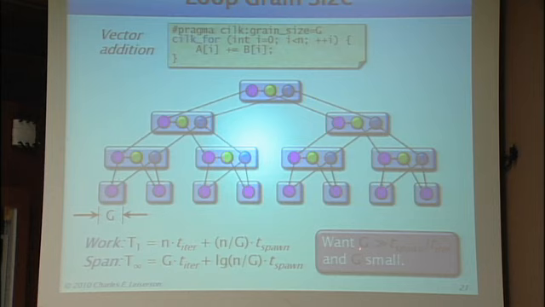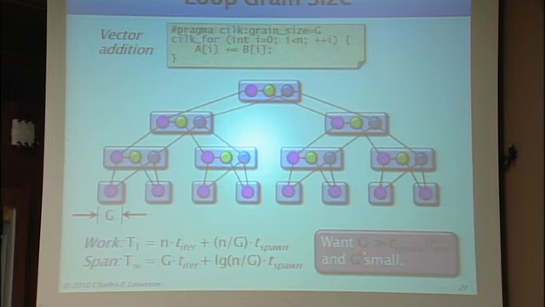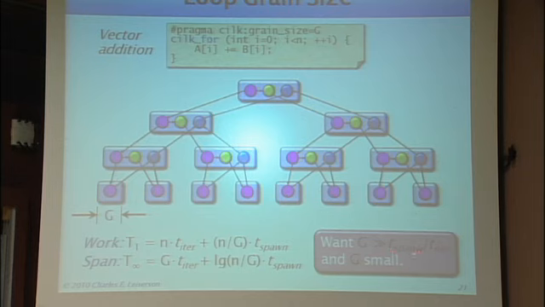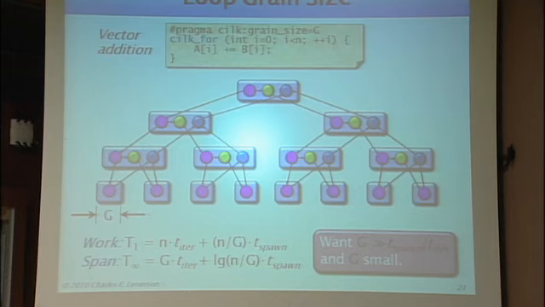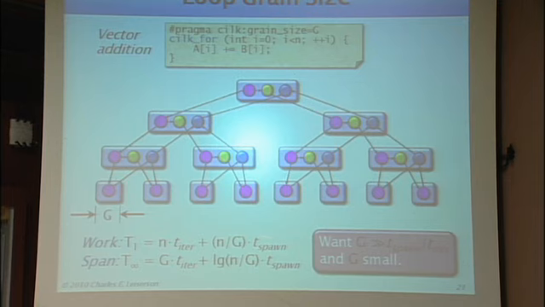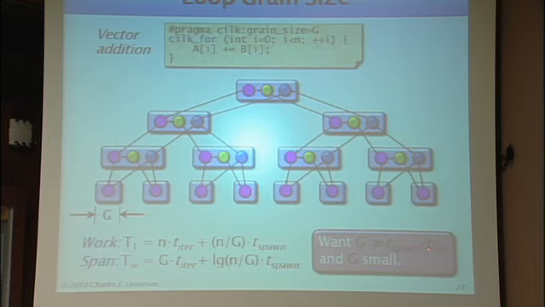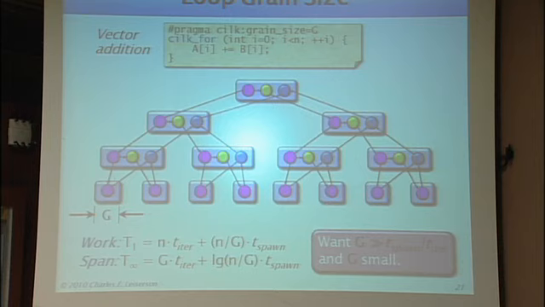So if I take the ratio of these things, I want g to be bigger than t_spawn over t_iter, the time to spawn divided by the time to iterate. If I get it much bigger than that, then this term will be much bigger than that term, and I don't have to worry about it. But I want it to be as small as possible. There's no point in making it much bigger than that, which causes this term to essentially be wiped out. Did people follow that?